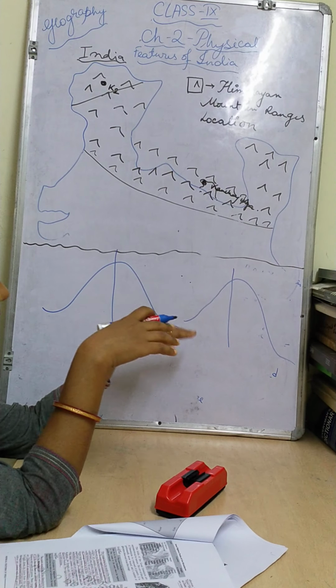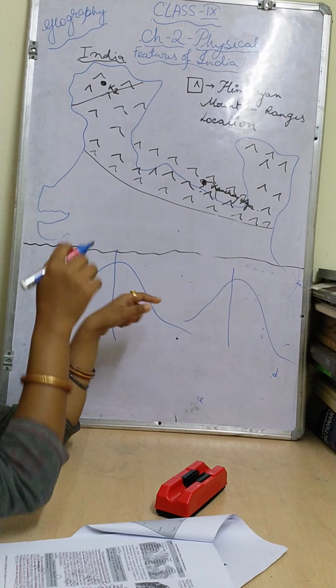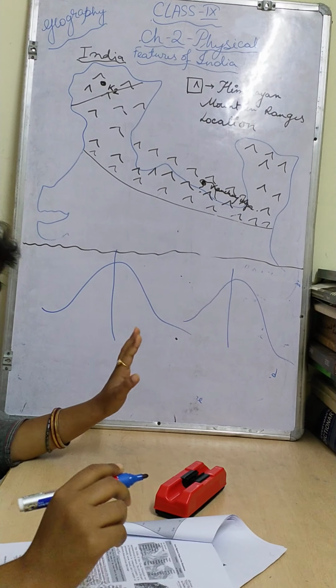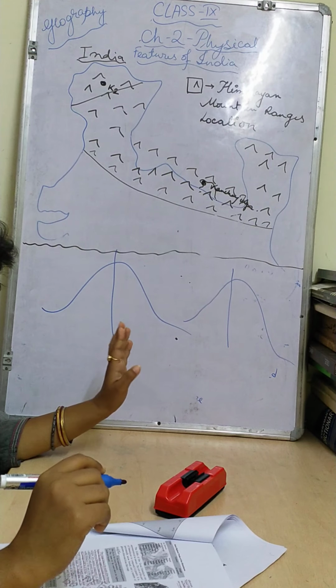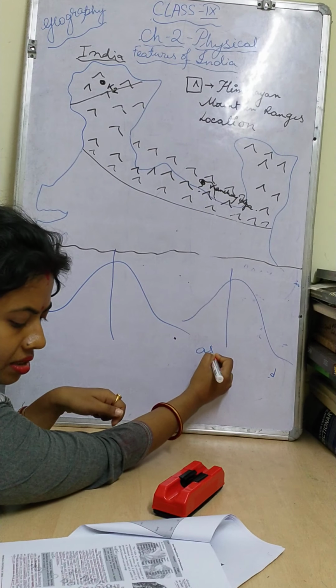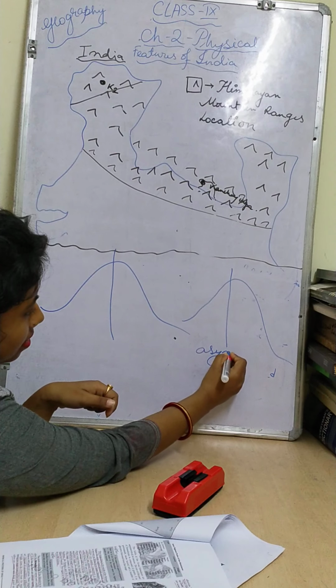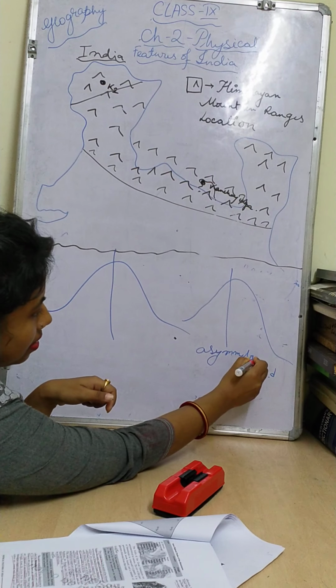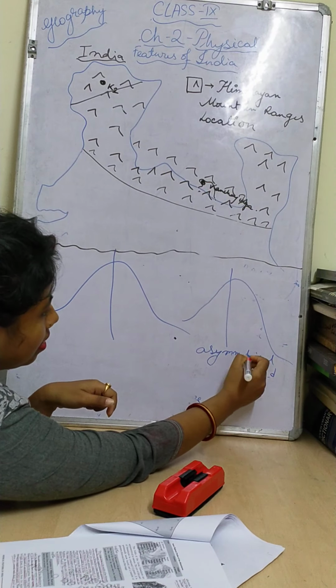Okay children, so in the Himadri ranges we generally see the mountains are asymmetrical. So we say the Himadri mountain ranges are asymmetrical in nature.